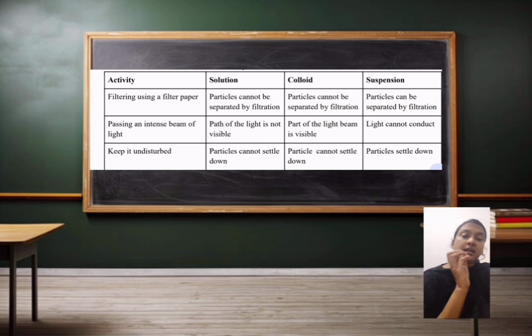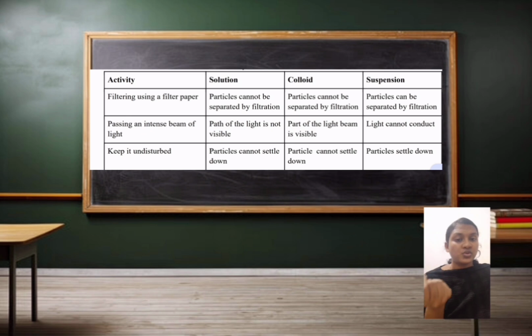This is because the particle size in a suspension is very large compared to colloids as well as true solutions. So when the beam of light passes through the solution, it comes in contact with the particles, and since they are larger, the path of the beam can be seen.